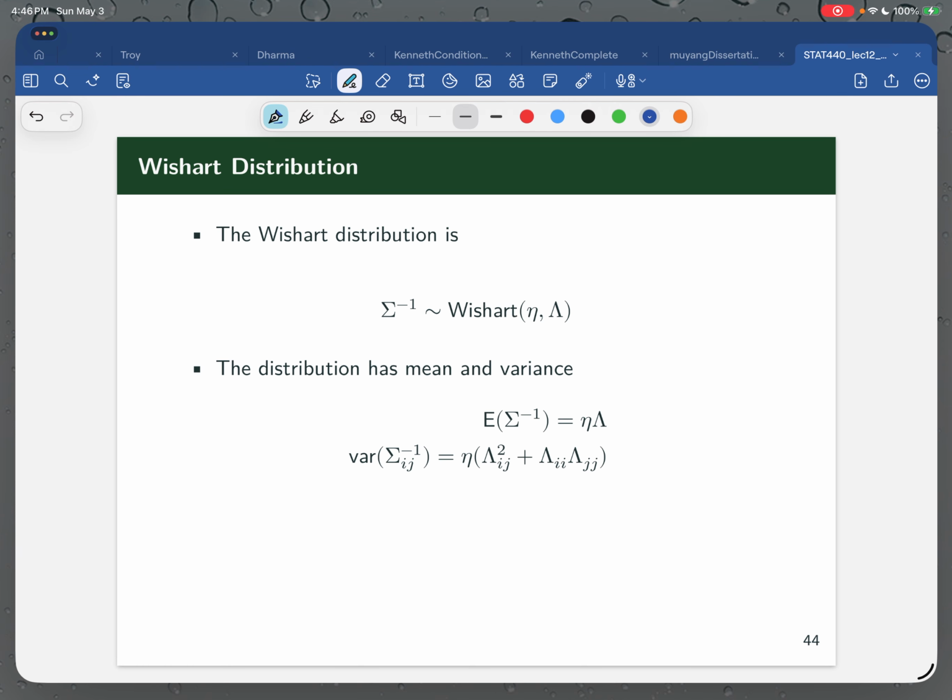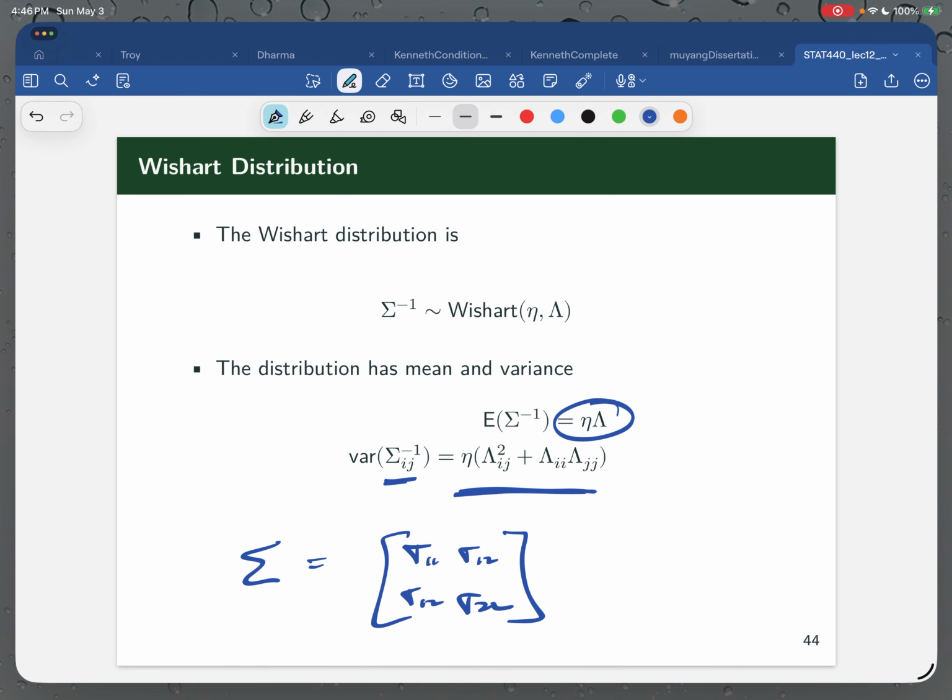Sorry, this gets just a tiny bit complicated. If we think of sigma being a matrix, let's just assume it's 2 by 2. Each of the 4 elements is random, and so I can talk about the variance of each component of sigma. So that's what we're talking about here. So it's got a mean, this is a matrix, tells you where it's centered. We can talk about the individual variances.